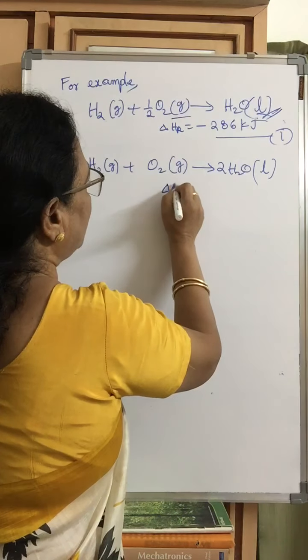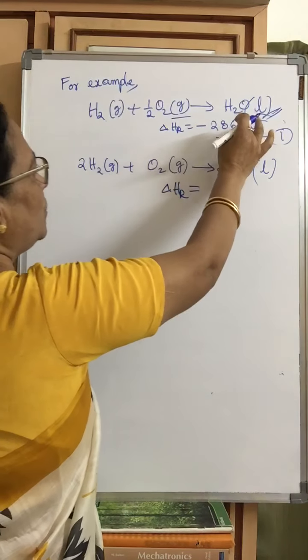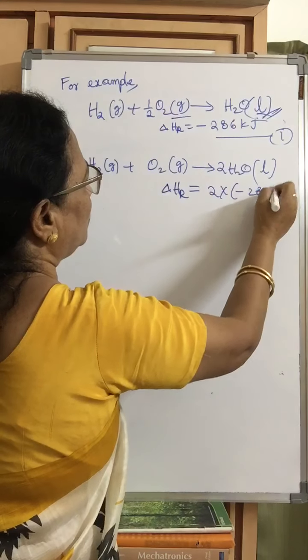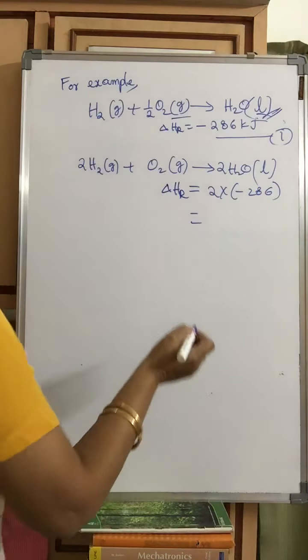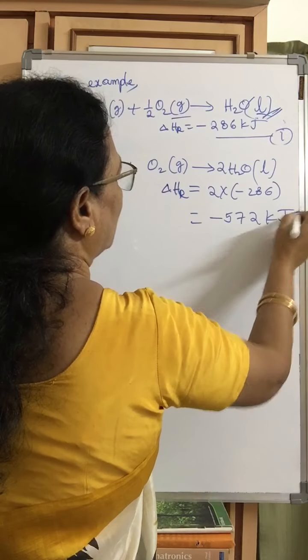In this case, what is delta HR? It is 286, so 2 into minus 286, that is minus 572 kilojoules.